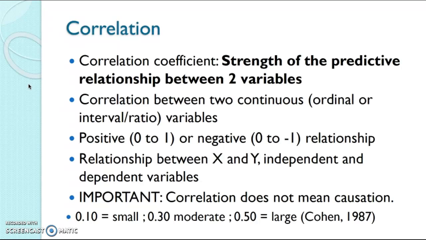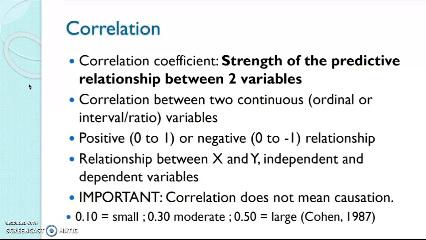So a correlation, which has come up when we've been talking about research in general, but now we're talking a bit more about what it means in terms of statistics. We can define a correlation coefficient as the strength of the predictive relationship between two variables.